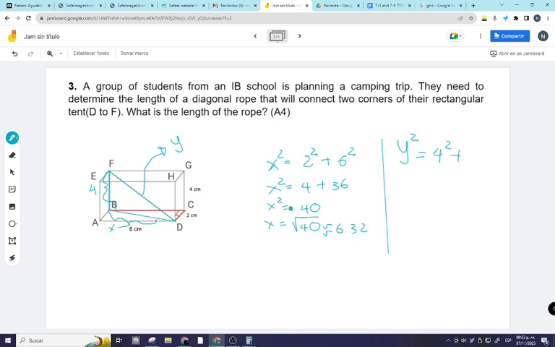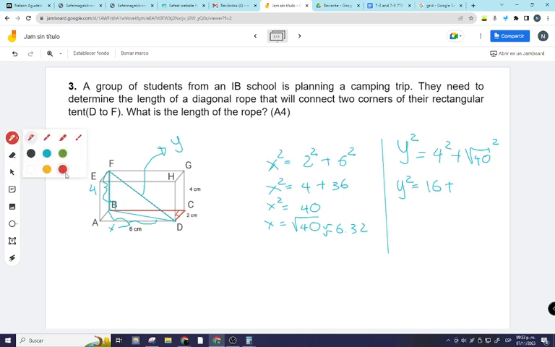So this leg is the square root of 40. Let's discard the decimal version for now. So the square root of 40 squared, because of the Pythagorean theorem. Now this squared plus this squared. So y squared is 16, since 4 times 4 is 16, plus the square root of 40 to the second power.